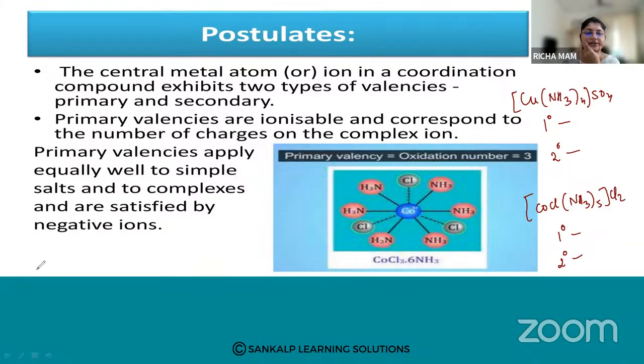In the first one, the central metal atom is copper, and here cobalt is the central metal atom. Primary valency tells you about the oxidation state, so tell me the oxidation state of copper and cobalt. And the secondary valency tells you about the coordination number. Tell me.